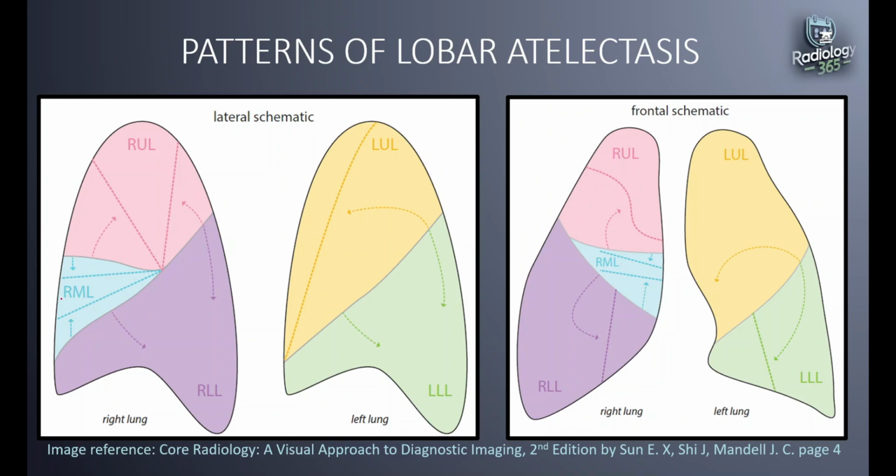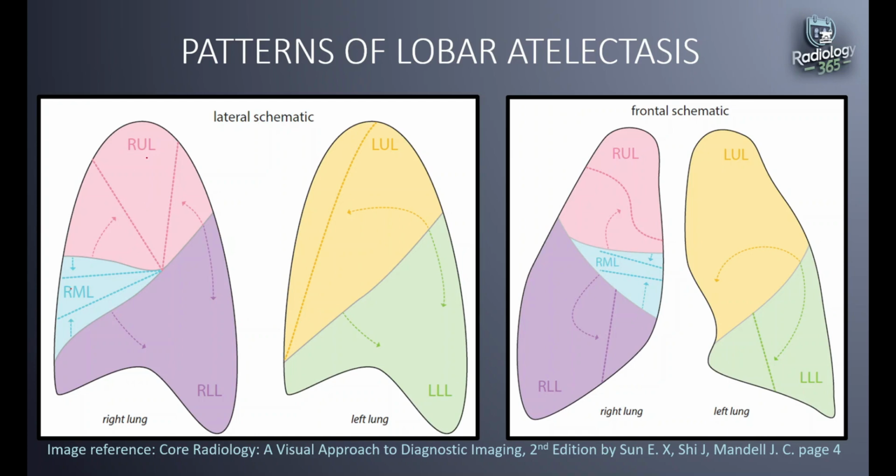If the middle lobe were to collapse, the minor fissure would drop a little, and then the oblique fissure will also rise just to meet it there. If the lower lobe were to collapse, the major fissure would move in this direction and in that direction. Basically, think of overinflation of the adjacent lobes.